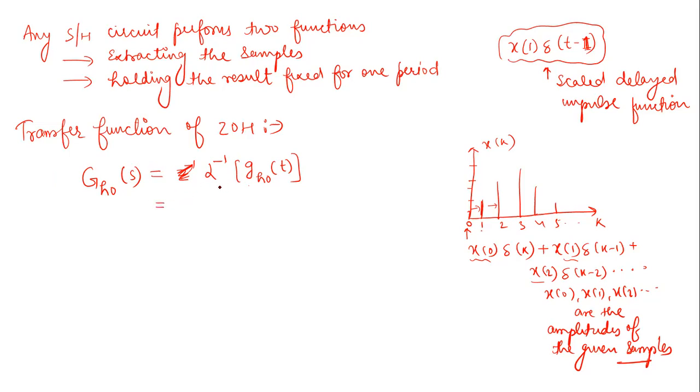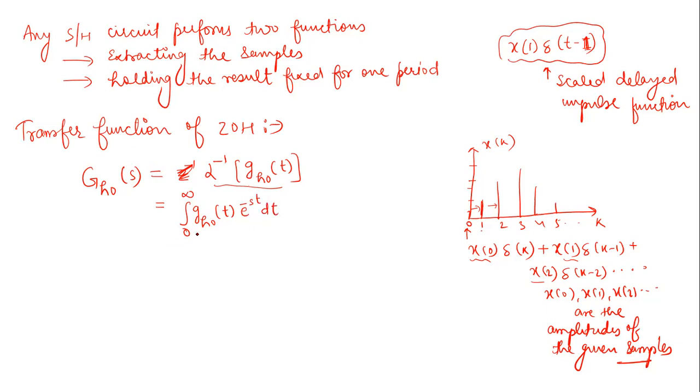This can also be written as, because this is a Laplace transform, we will write it like this: integral from 0 to infinity. We will write its Laplace equation GHO(t) e to the power minus st dt. So this is its Laplace equation.